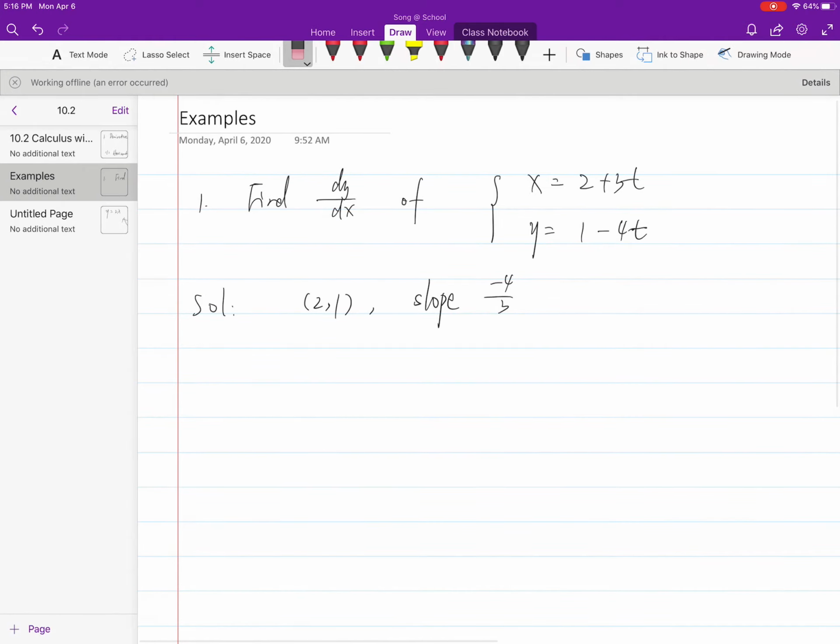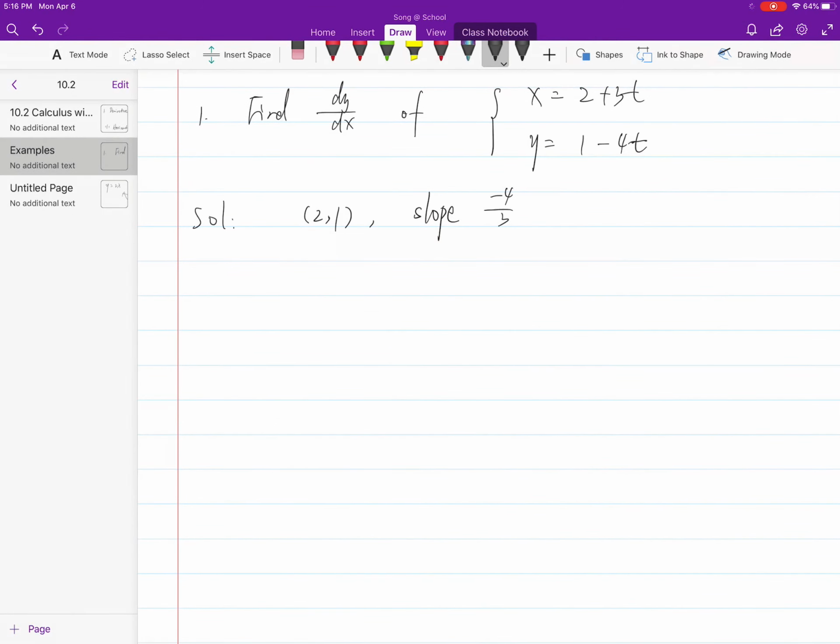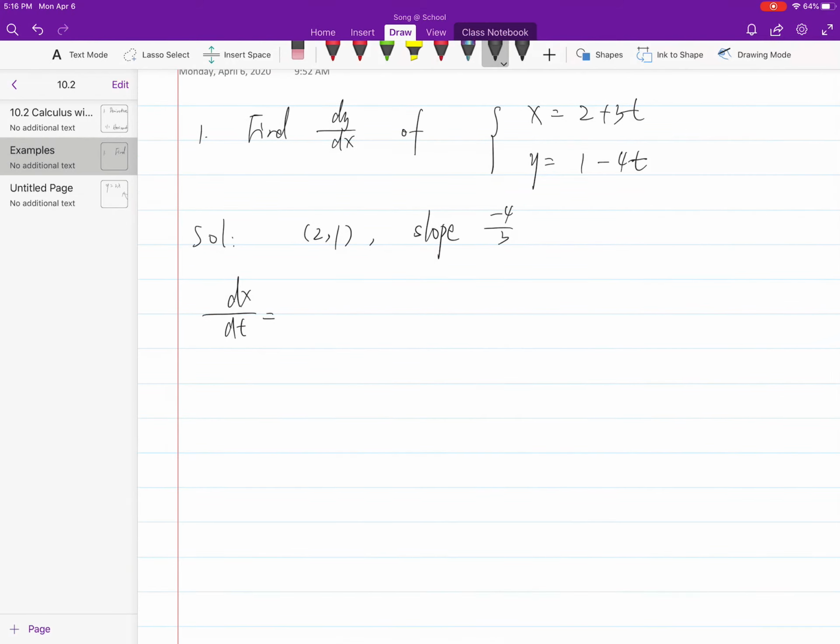Now let's verify if our method works. Okay. Now, what is dx over dt? That is how fast my x is changing. That is going to be the derivative of 2 plus 3t, which gives you 3. What is dy over dt? That is the derivative of this, and you can see it's nothing but 0 minus 4.